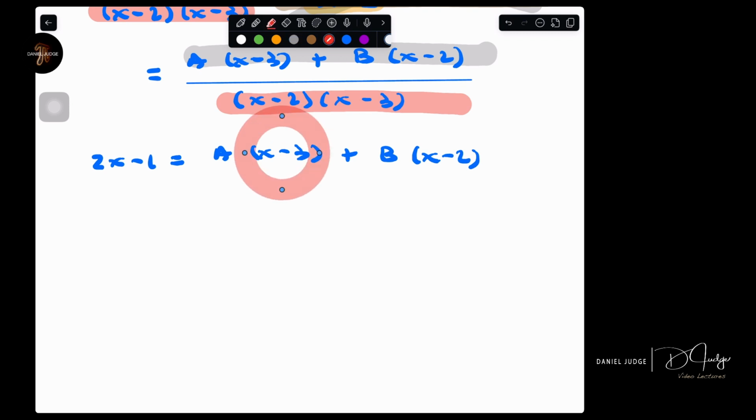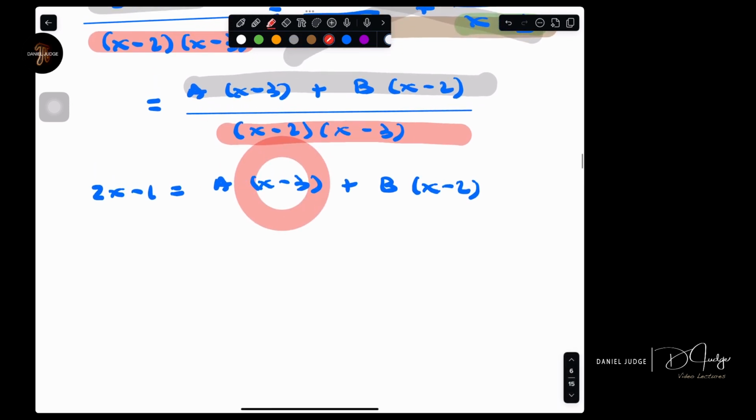Now, we're going to try to find the constants a and b by zeroing out these linear factors. So if you see that when we let x is 3, this portion becomes 0. So wherever there's an x, you replace it with a 3.